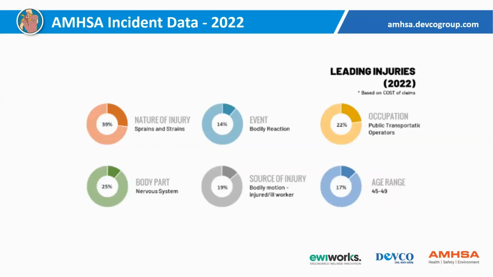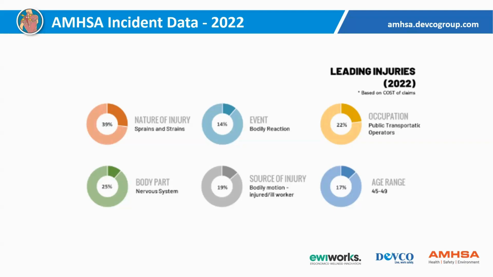If we look a little closer at the leading injuries from 2022, some interesting things to highlight here. Looking at nature of injuries, sprains and strains were the largest group, making up almost 40%. And sprains and strains are the type of injuries that I, as an ergonomist, am most interested in and are the ones that we're most likely to be able to assist with.